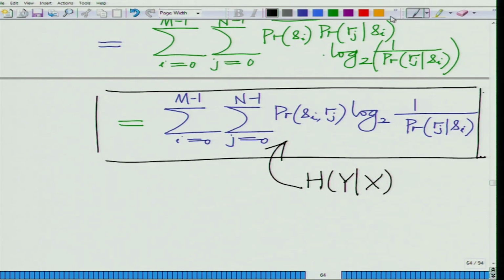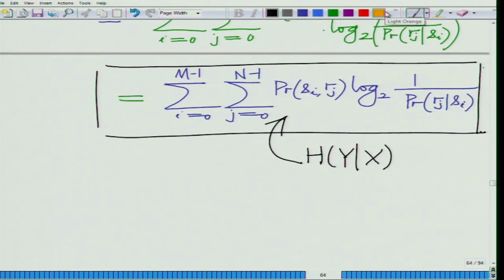of y given x. This is the conditional entropy, the entropy of y given x.